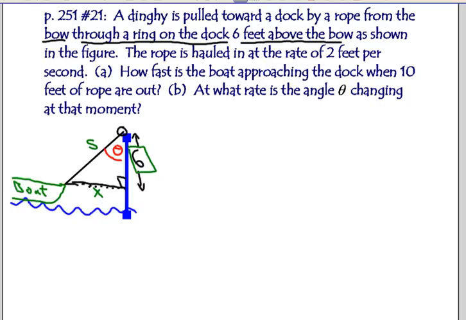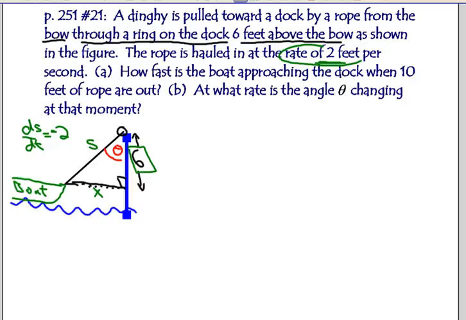Okay, so the rope is hauled in at a rate of 2 feet per second. A rate is a derivative, 2 feet. This is the rope. So I know ds/dt is 2, and since it's being hauled in, I know that's a negative 2 because s is getting smaller.